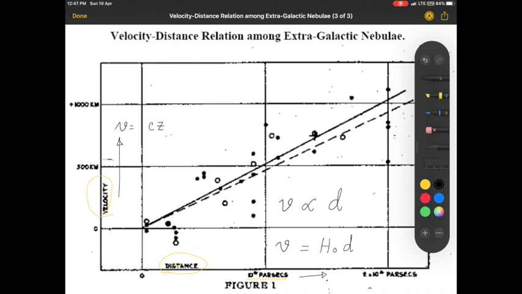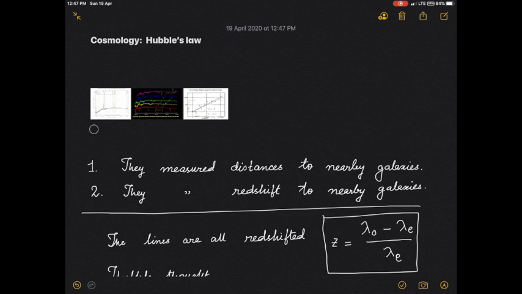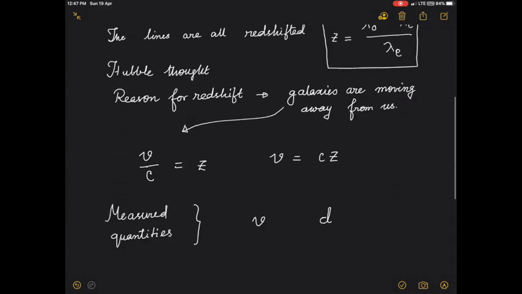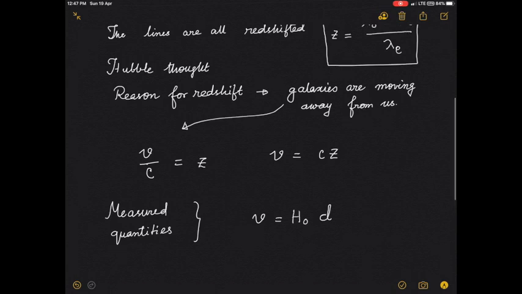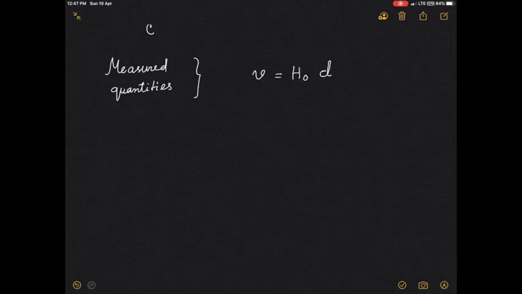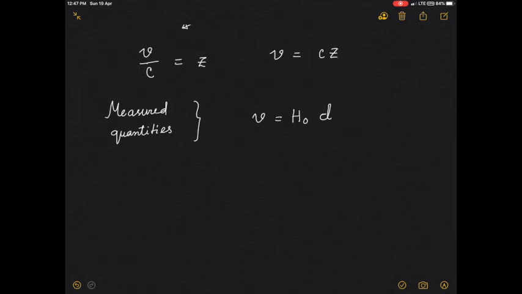But anyway, when he plotted the distance versus the inferred velocity, he found that the velocity is proportional to distance, and the proportionality constant we call Hubble's law. So this is V equals H naught d. So let me write down what they are.